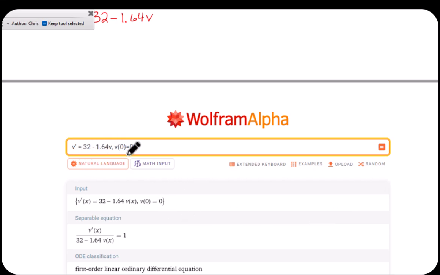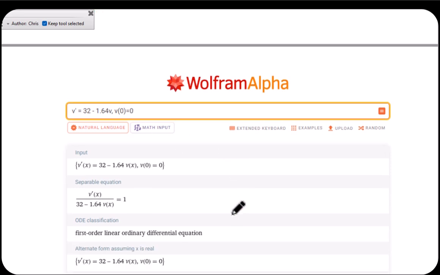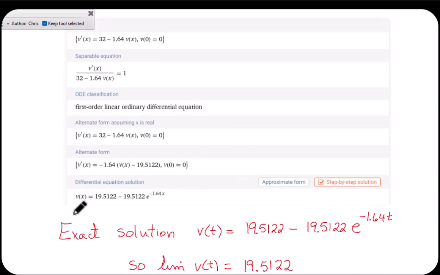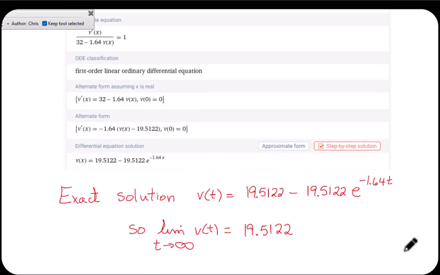I plugged it in, asked Wolfram Alpha to solve this for me, and it gave me the exact solution, V of t, as you can see. So as time goes on, this decaying exponential is going to 0, leaving you the number in the top. So the limiting velocity speed is 19.512.